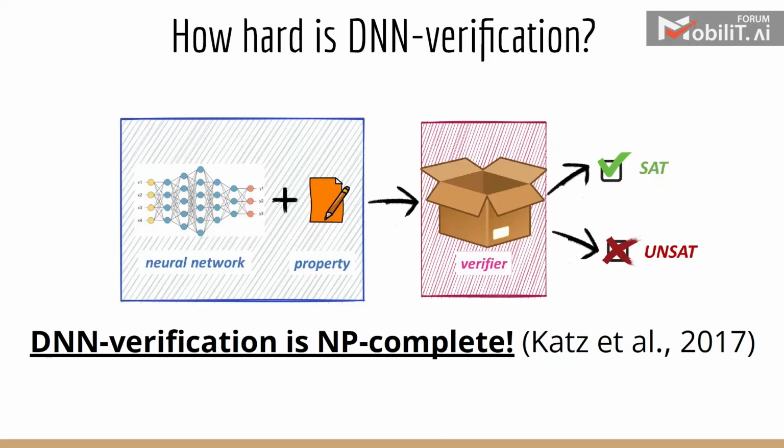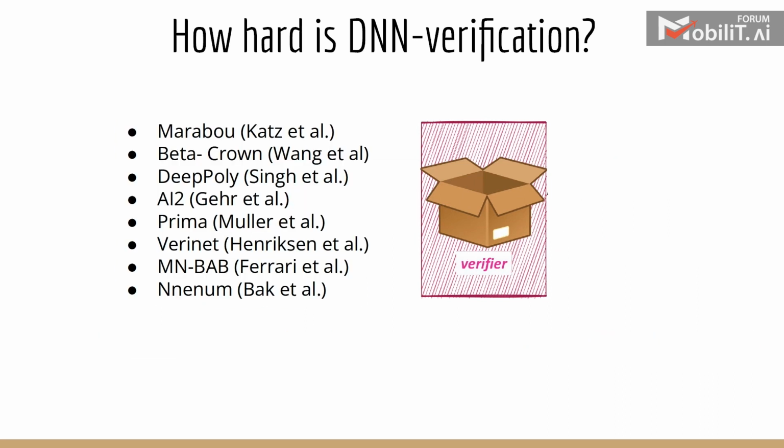DNN verification is a very computationally hard process. It was proven that this process is NP-complete. Nevertheless, like Melanie mentioned, there are many different tools and frameworks that were suggested throughout the years for verifying neural networks efficiently. Some of them are incomplete or complete methods, but this field in general is improving rapidly.